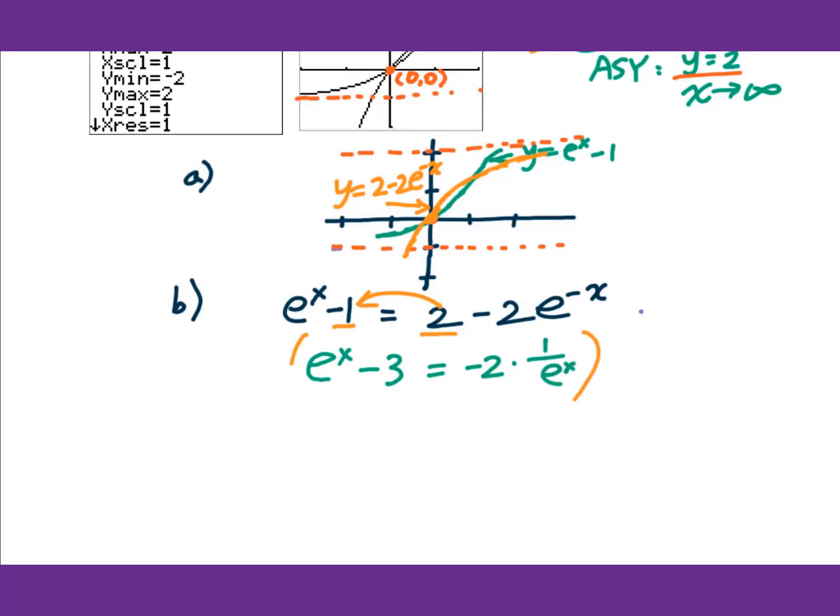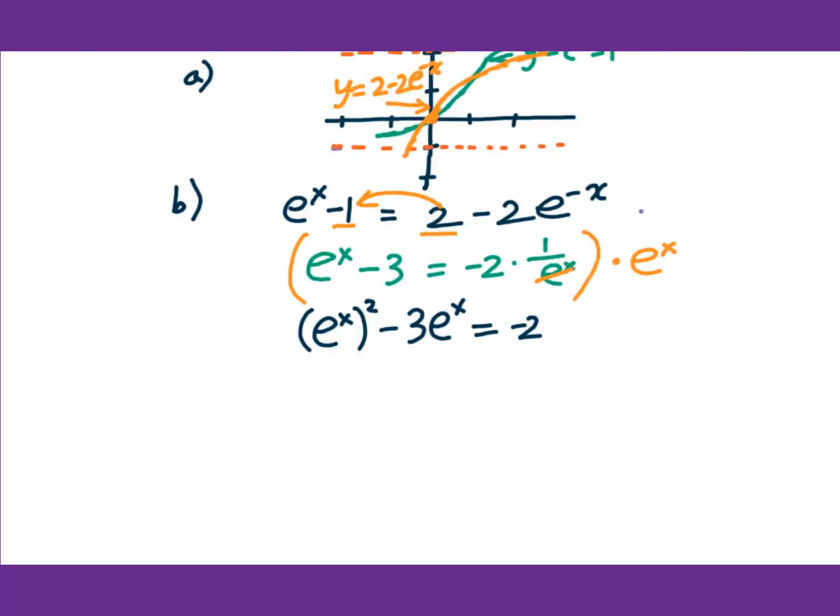First of all, we try to get rid of this e to the x power by multiplying by e to the x power for this equation. So we get (e to the x power) squared minus 3e to the x power equals negative 2. You could say this is a power pattern equation.